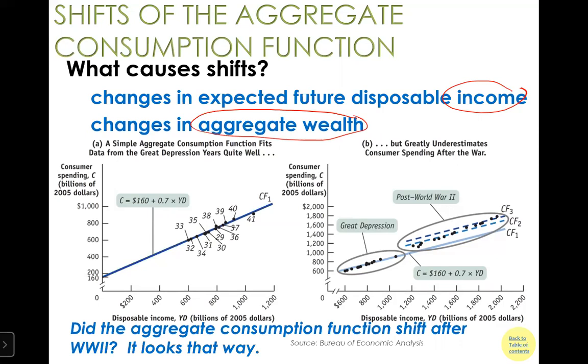So what is considered a change in aggregate wealth? Say currently you have a stable job, and the pay of your job is very stable. It hasn't changed yet, but somehow the stock market boomed, or the stock market crashed. That is going to affect your wealth.